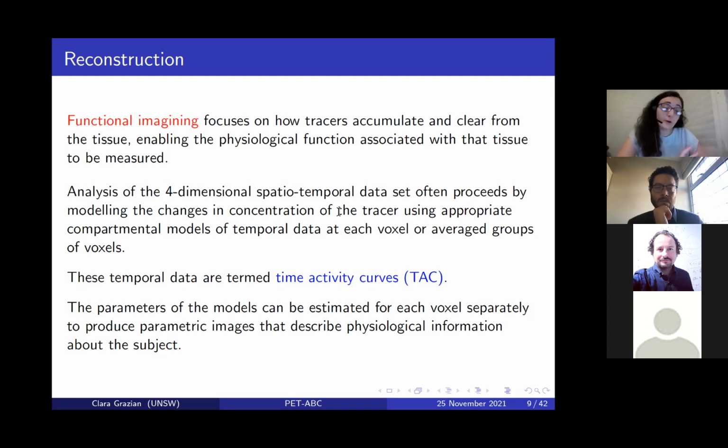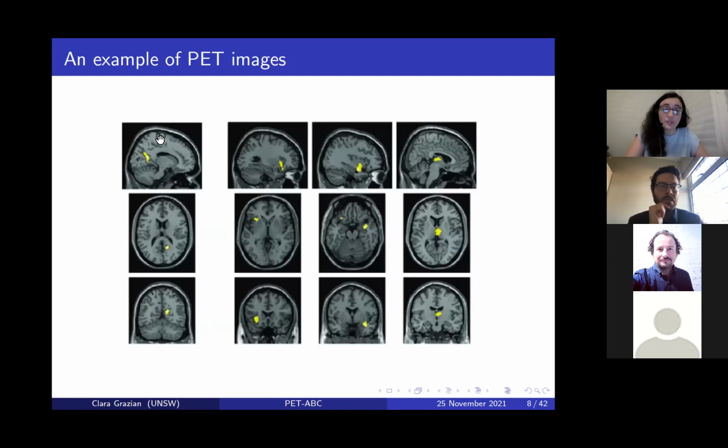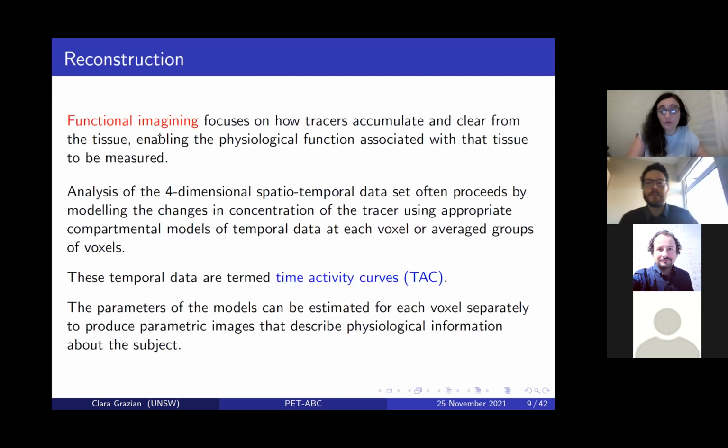The parameters of the models can be estimated for each voxel separately, so for each of these images, or for groups of images representing a particular ROI, sorry, which is region of interest, or even for all an organ, or even for all the body. And I'm going to present some results for each of this type of problem.